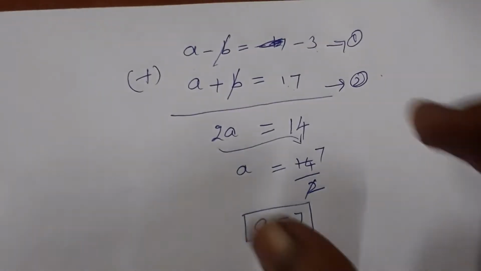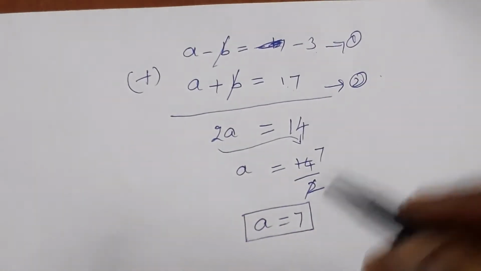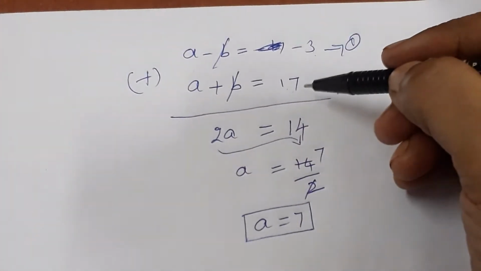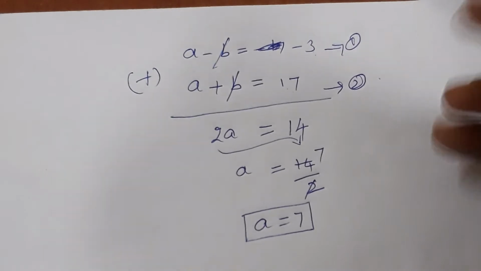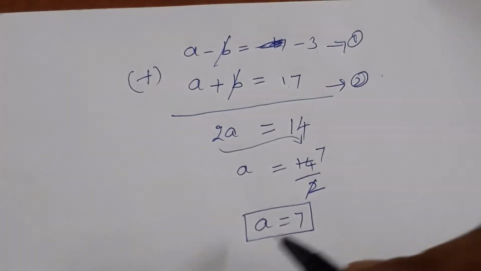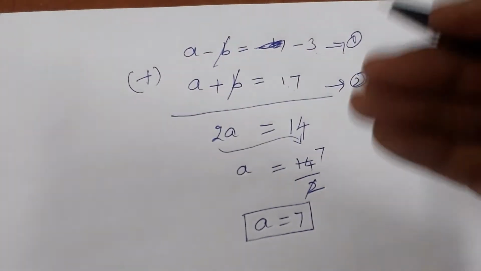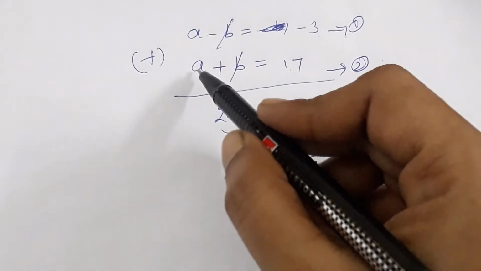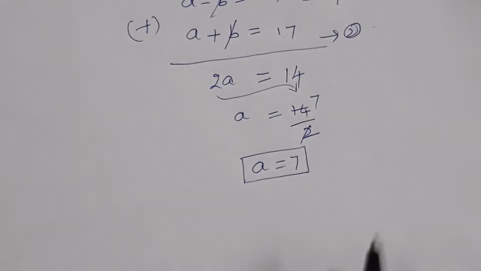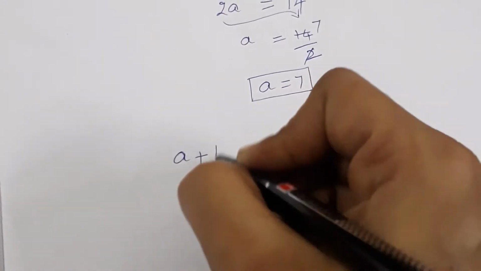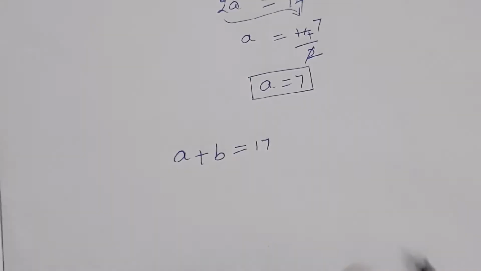And then, how will you find the value of b? Substitute this a equals 7 in any one of the equations, first equation or second equation. We can find the value of b. So I am going to take the second equation, that is our easy equation. Take the second equation, a plus b equals 17.